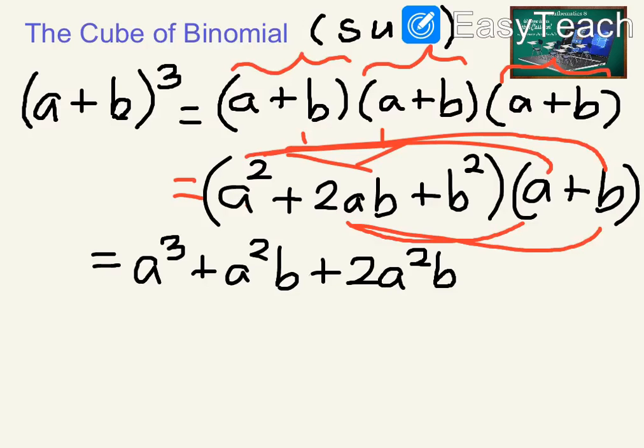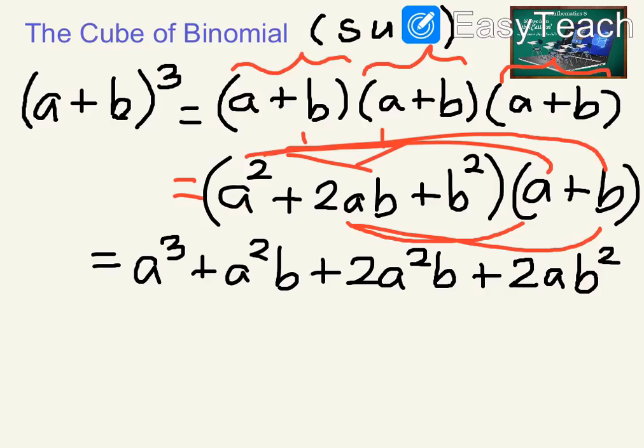So we have plus 2, times a, since we don't have an a in the other quantity, and b times b gives b squared, so 2ab squared.